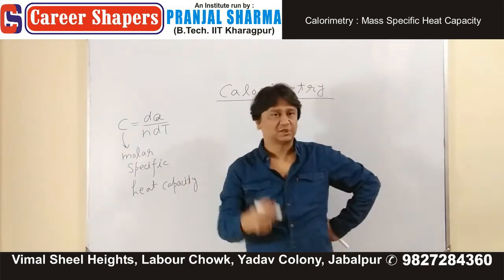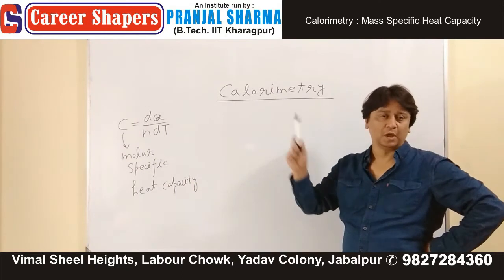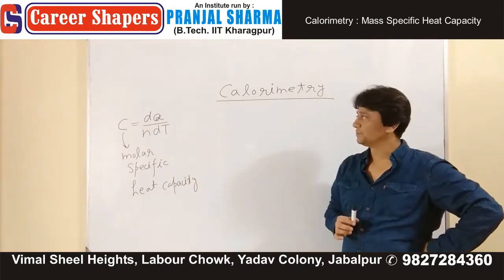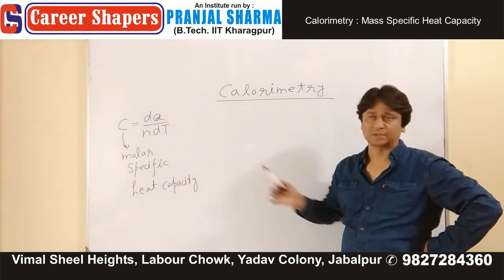What is molar specific heat capacity? The amount of heat required to raise the temperature of 1 mole by 1 degree Celsius. That was called C, molar specific heat capacity.